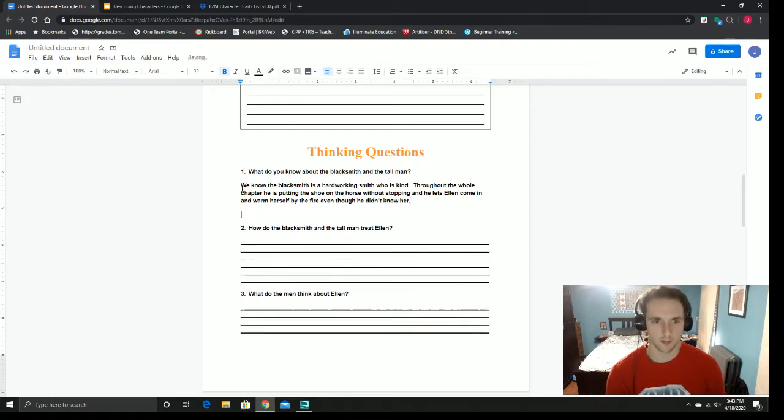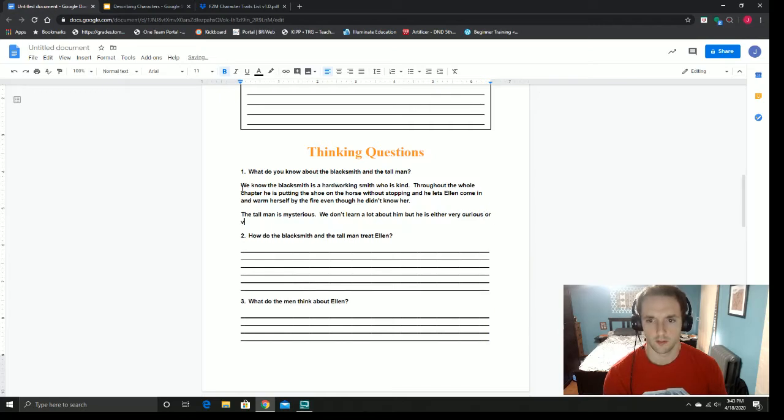Right. I'm gonna just separate this a little bit. The tall man. I'm actually gonna say he's mysterious. We don't learn a lot about him. But he is either very curious or very suspicious.